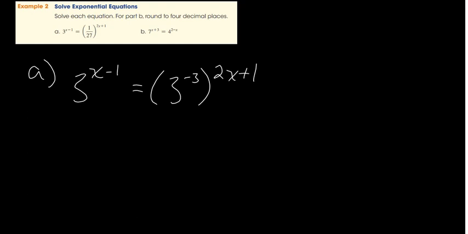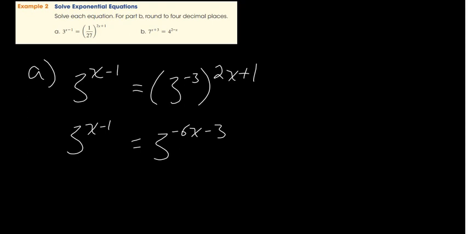And we know the power rule here: whenever we have an exponent raised to an exponent, we multiply. So this turns into 3 to the x minus 1 is equal to 3 raised to the negative 6x minus 3. Here we have like bases, and all we have to do is equate the exponents to one another.